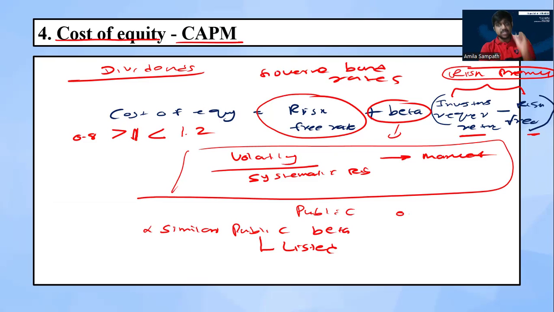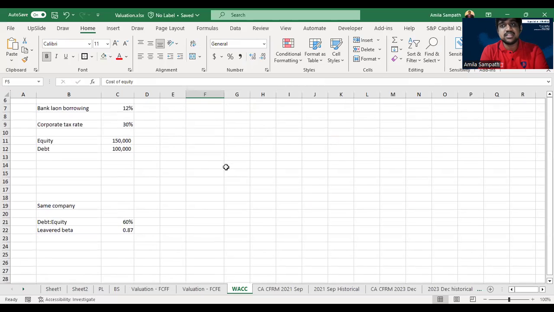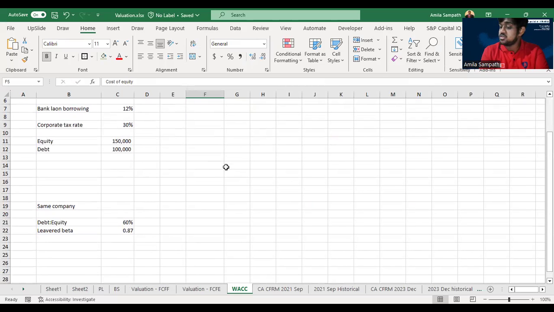For that purpose, first, we need to select a comparable company and identify their beta and debt to equity ratio, their financial leverage, because financial leverage directly impacts our beta. Therefore, we need to identify the debt to equity ratio as well as that company's levered beta. Levered beta means beta that is affected by the debt to equity ratio or the leverage.